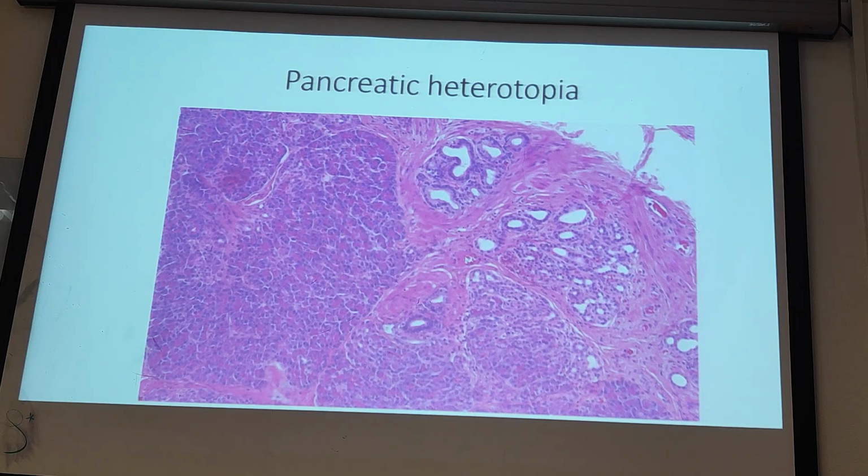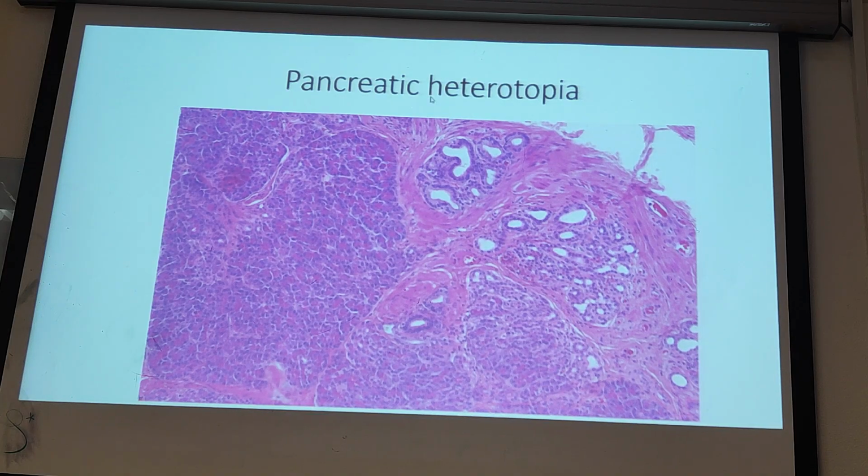You see this picture, pancreatic heterotopia. This part of the picture shows stomach, and this part shows pancreatic tissue with organized features that's present in stomach tissue.